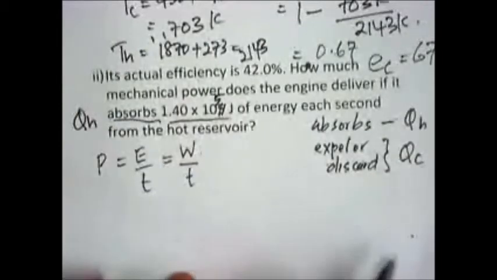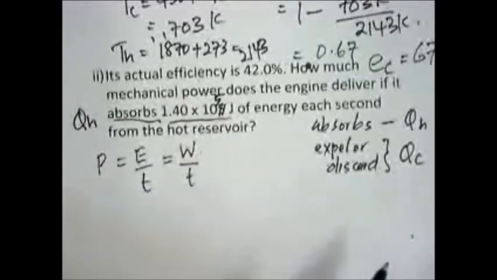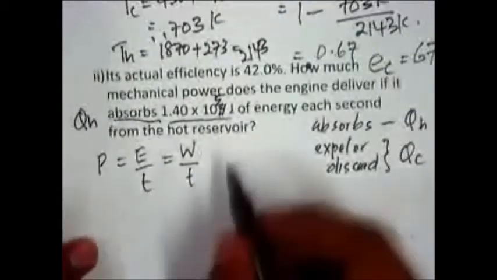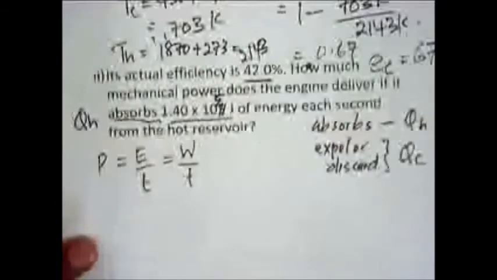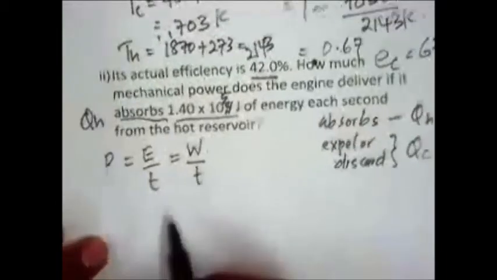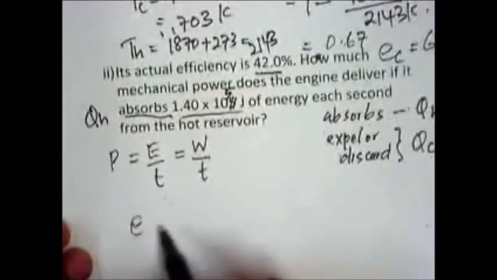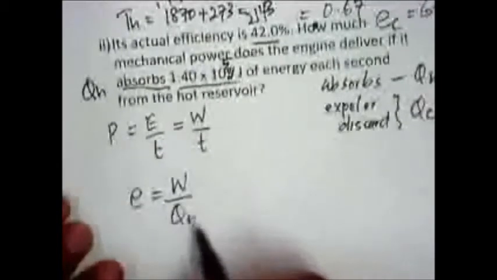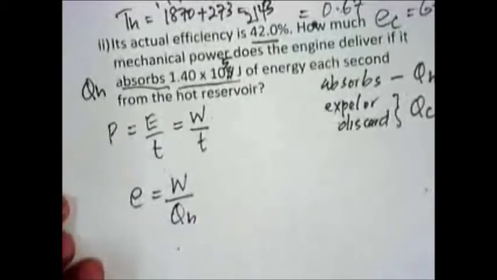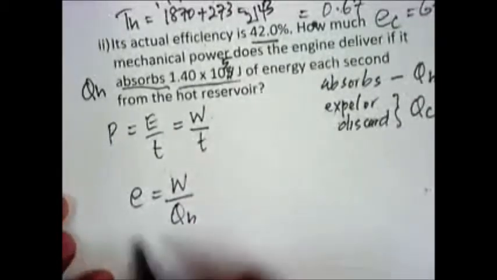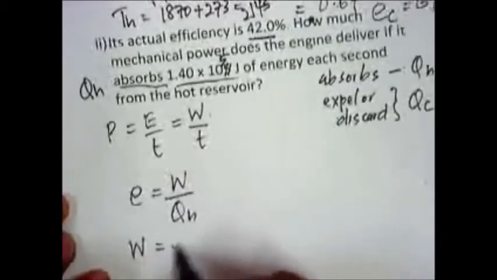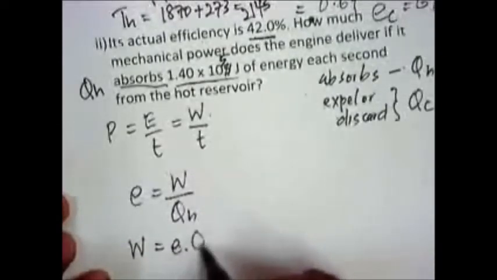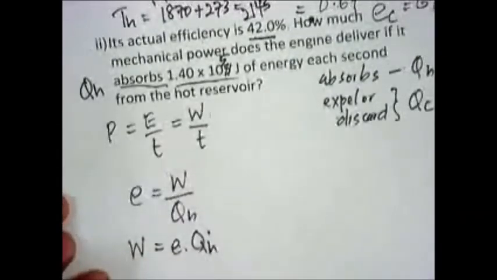So first thing what you do is you find your W, right? So you know efficiency is 42%, okay, the actual efficiency. So you know efficiency is work done divided by QH. Okay, so that would mean that your work done is equal to efficiency multiplied by QH.